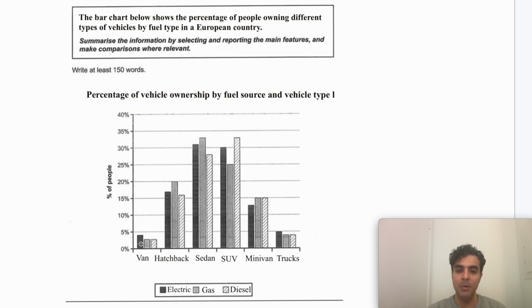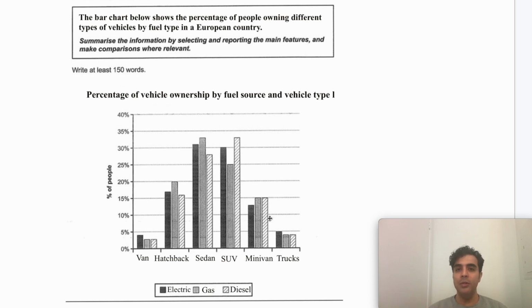So we're comparing this bar and this bar, this bar and this bar, right? And so as you can see, electric is greater than diesel among van owners. Electric is greater than diesel among hatchback owners, among sedan owners as well, but not among SUVs, minivans, but also true among trucks. So you can see we have an exception.